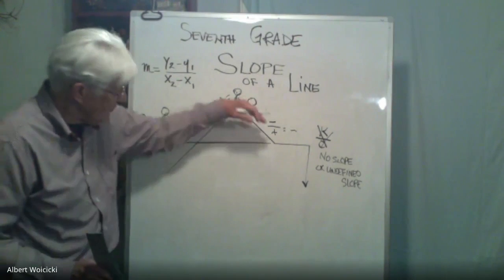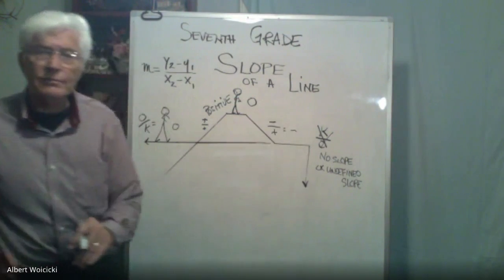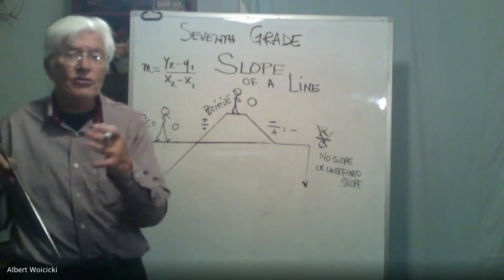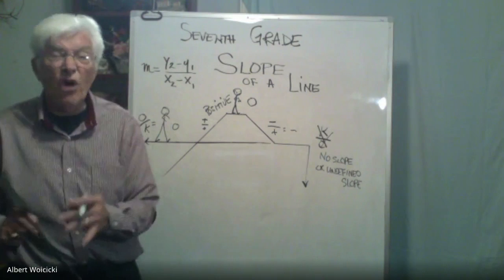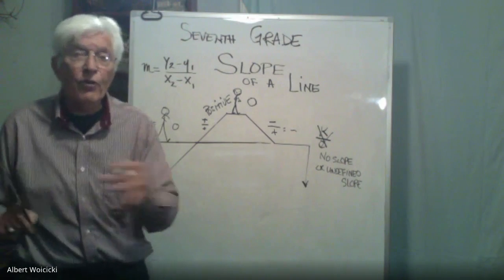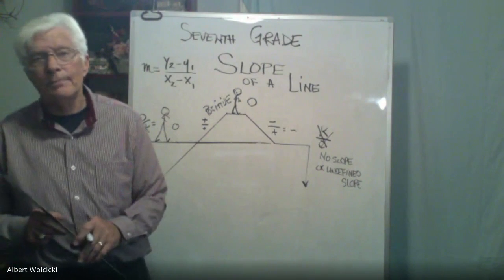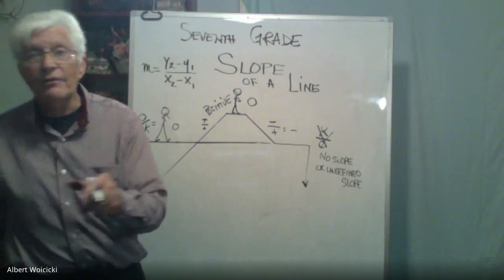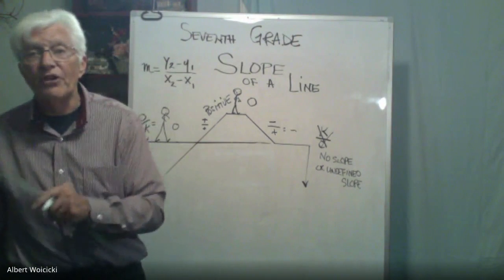So we have 4 choices: 0, positive, negative, undefined. So give your students a test. Give them 4 graphs. Have them draw 4 distinct lines with 4 different slopes, and let them tell you which is positive, which is negative, which is undefined, and which is 0.